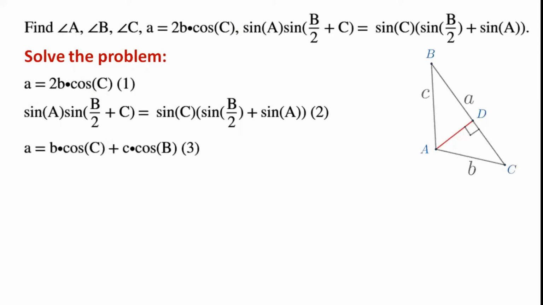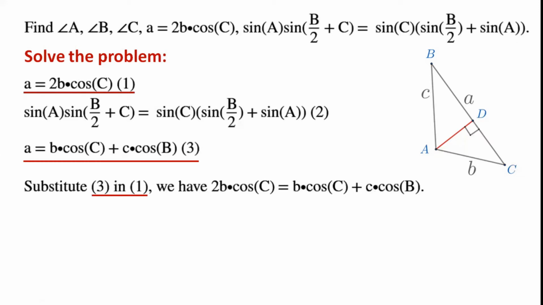a = b cos C + c cos B, since a = CD + DB, CD = b cos C, DB = c cos B. Substitute 3 in 1.